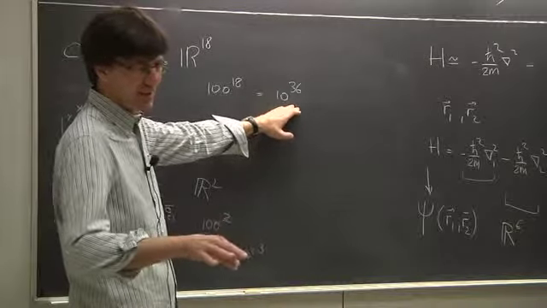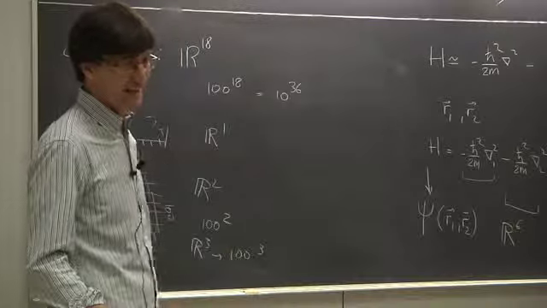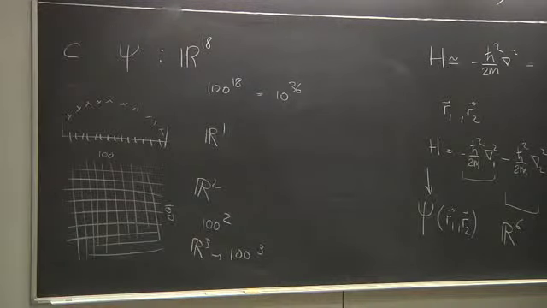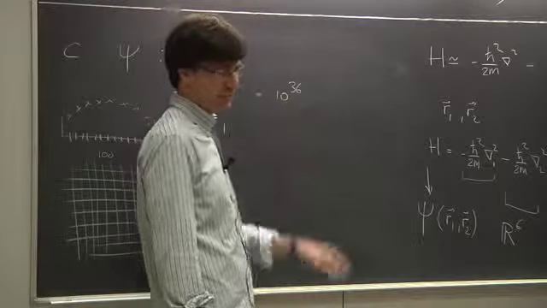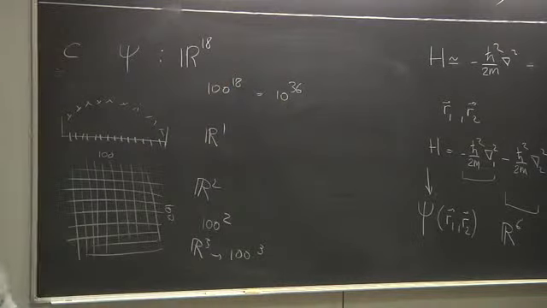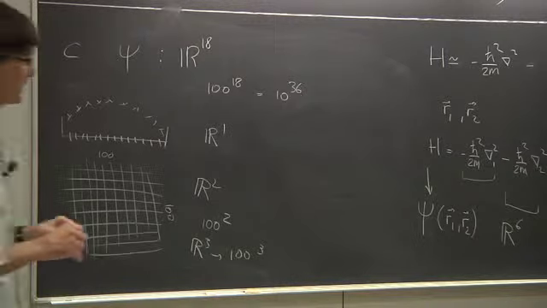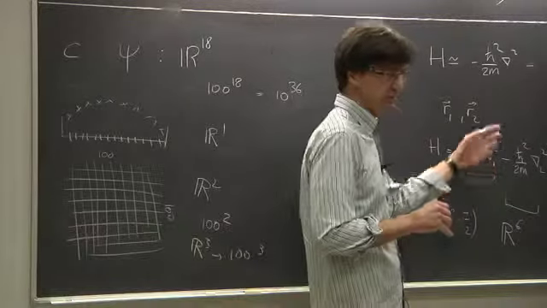There's no storage place that will allow you to store 10 to the 36 real numbers. No big database, no hard disk will allow you to store 10 to the 36 real numbers. Just storing the value of the wave function, not yet even trying to solve the problem.